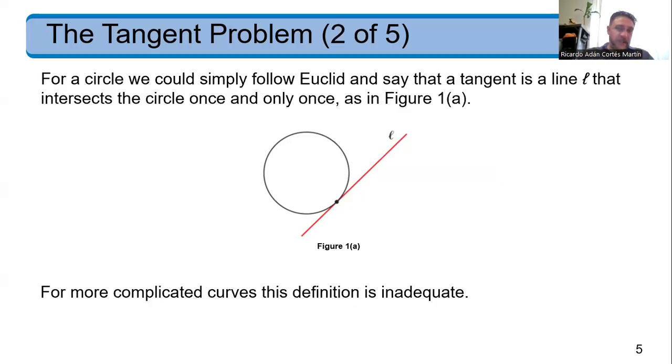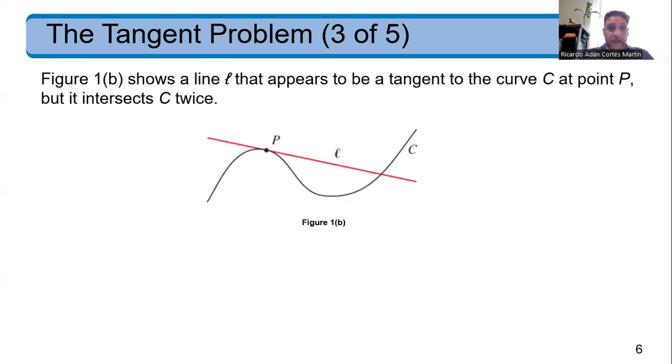So it looks okay. But what if we don't have a circle, if we have something more elaborate? In this case, we have a curve and we have a tangent line at the point P. But as you can see, this line doesn't touch the curve in just one point. It touches in 2 points. So is this a tangent or not?